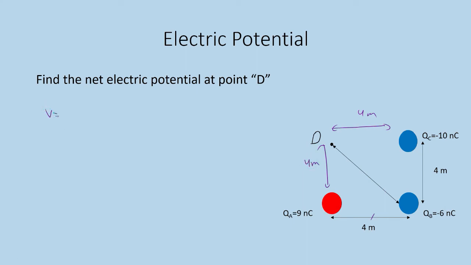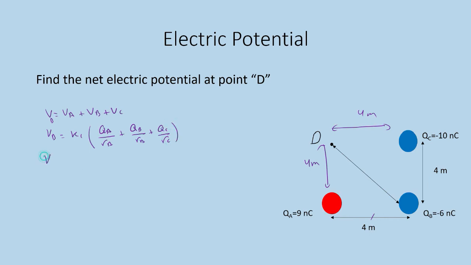So V is equal to VA, so this is V at D, plus VB plus VC. So V at D is equal to Kc, QA over RA plus QB over RB plus QC over RC.